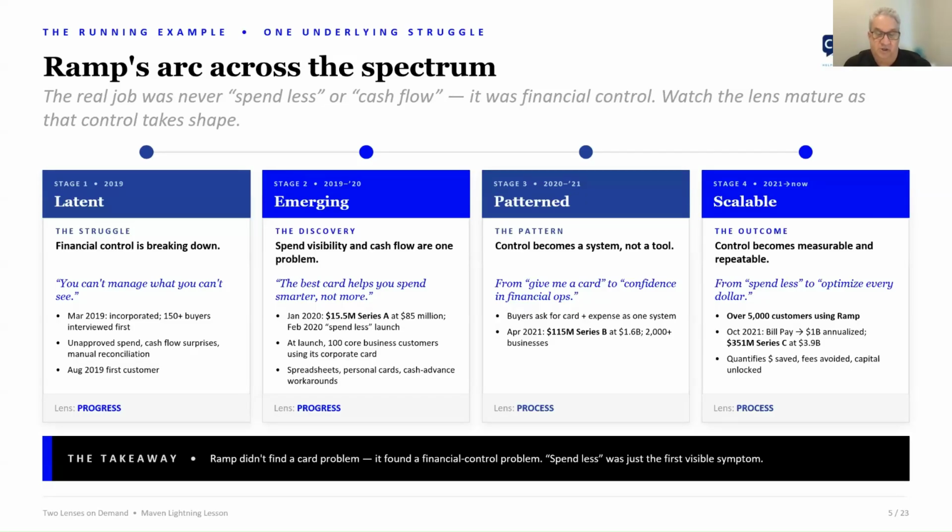And so they set out to build their first solution, had their first customer in August of 2019, and then began to build towards this vision of how might we offer a unique and differentiated product, which is a card that helps you spend less or a card that helps you spend smarter, not more.